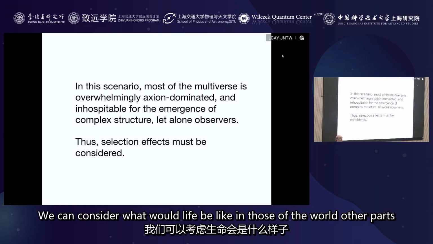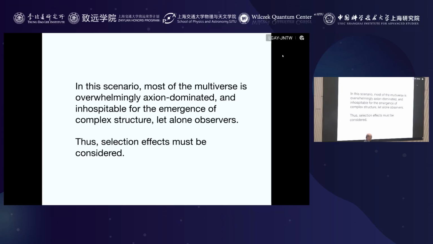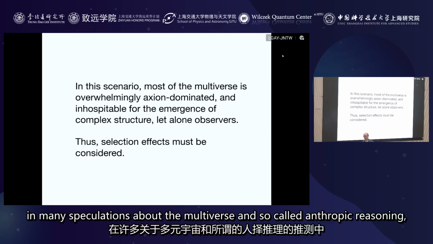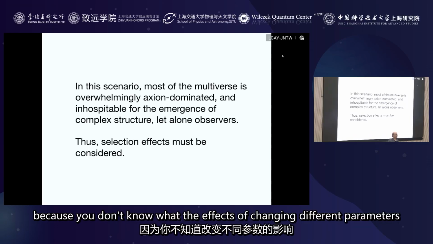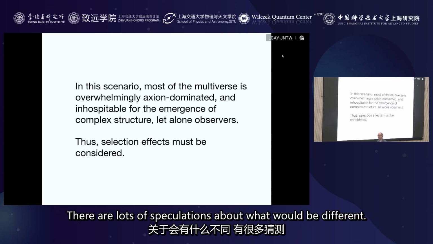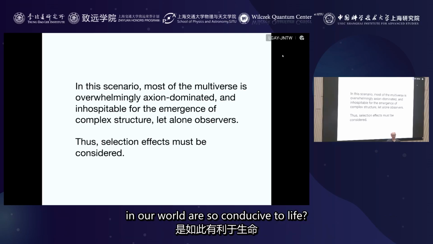We can consider what life would be like in those other parts of the multiverse, other parts where the theta 0 was bigger. Now, in many speculations about the multiverse and so-called anthropic reasoning, it's out of control because you don't know what the effects of changing different parameters are. There are lots of speculations about what would be different, like, isn't it amazing that the values of the fundamental parameters we see in our world are so conducive to life?